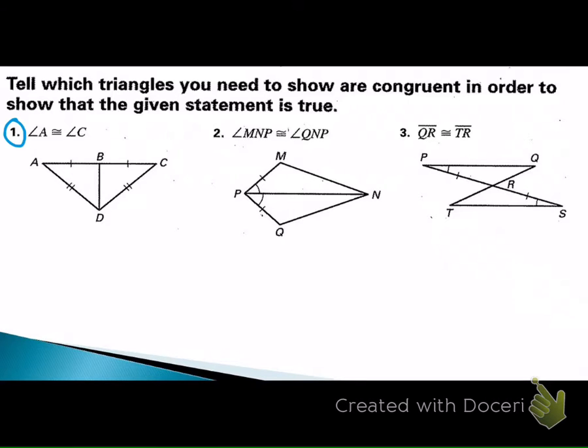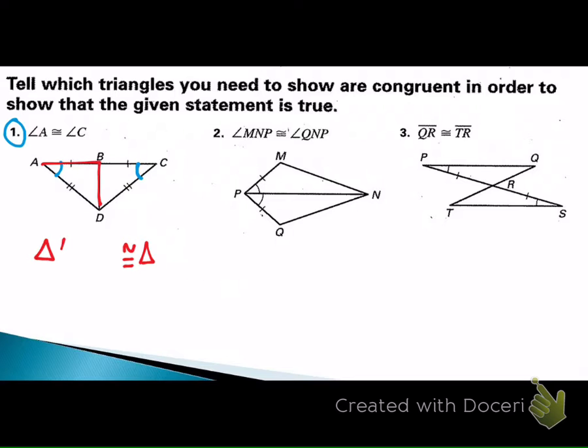All right, so this is saying if I wanted to show that this angle was congruent to this angle, which 2 triangles would have to be congruent? If I want to show that angle A is congruent to angle C, which 2 triangles would I have to show are congruent?